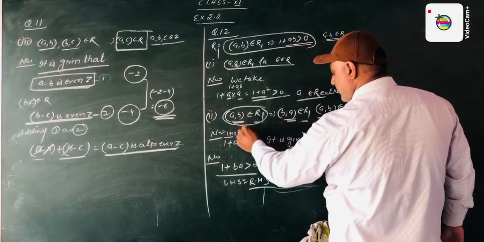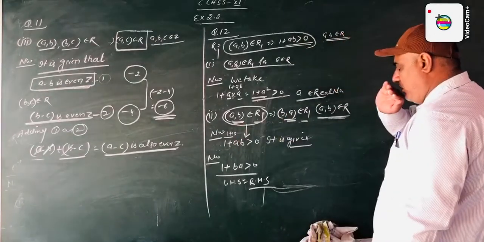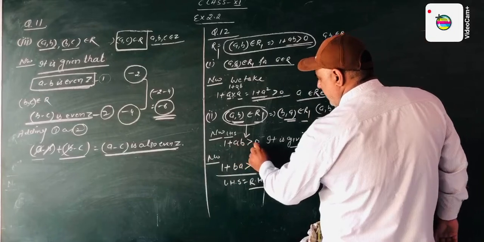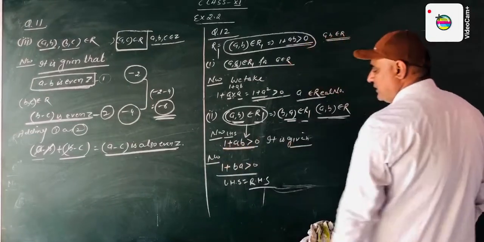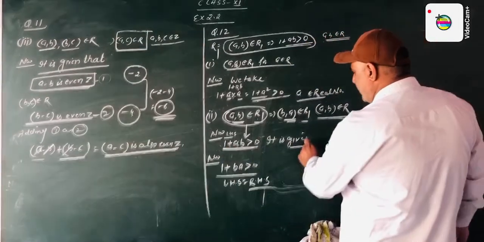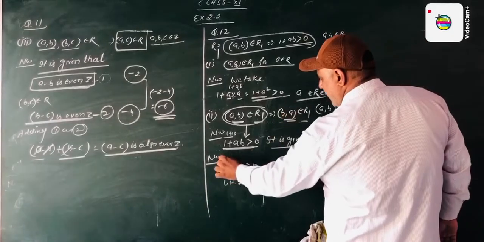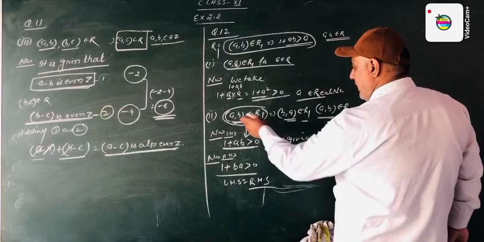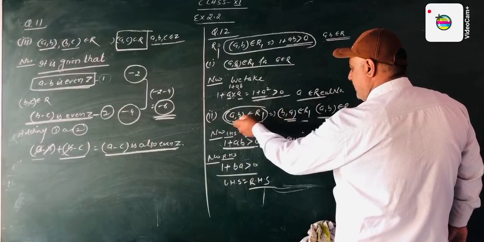It is given for these relations. So now we put 1 plus AB, which is a number greater than 0. It is given. Now we take this RHS side. In the RHS side, look here, A changes to B and B changes to A.